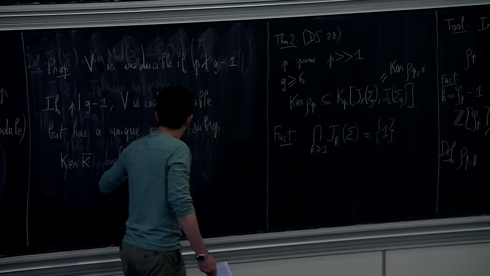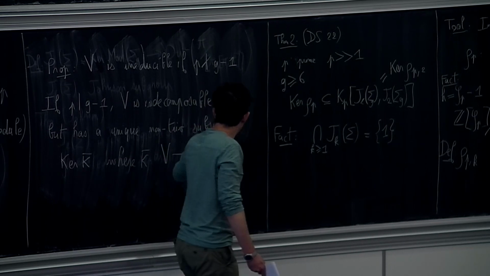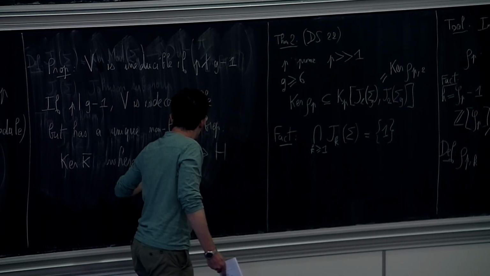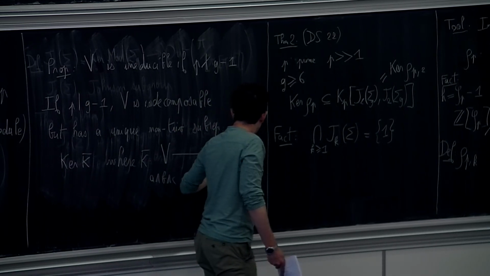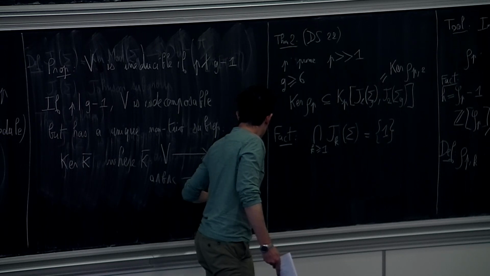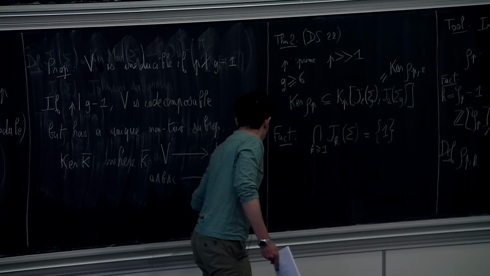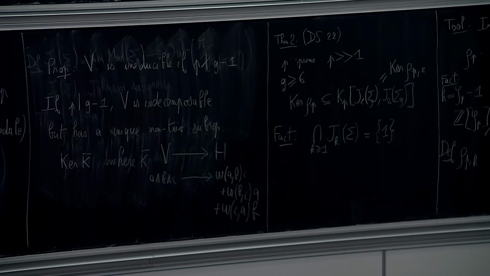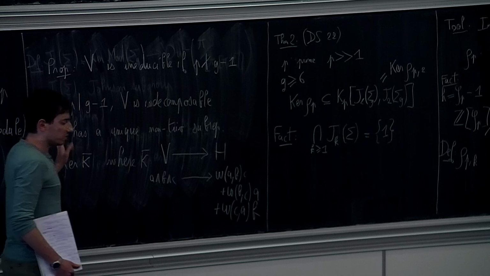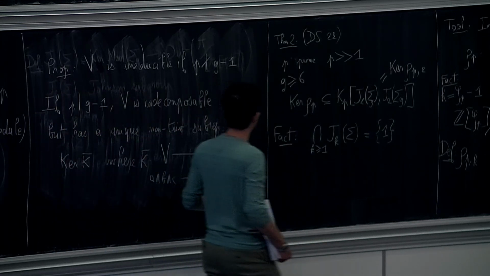Kappa bar is the map from V to H, which sends an element A wedge B wedge C to omega of (A,B) C plus omega of (B,C) A plus omega of (C,A) B. So it turns out that you have this structure for the representation. It's not obvious, you need to study the representation.